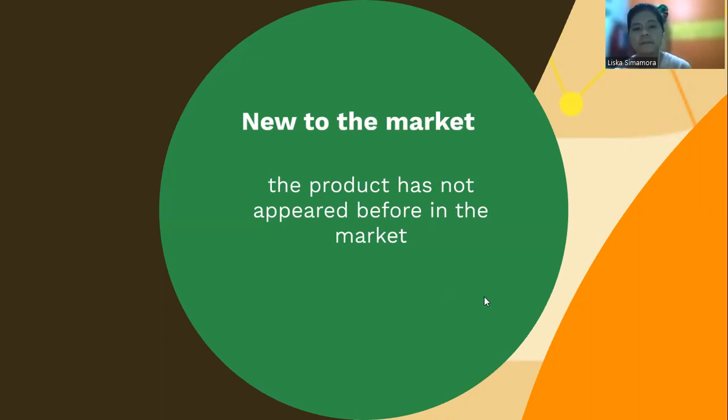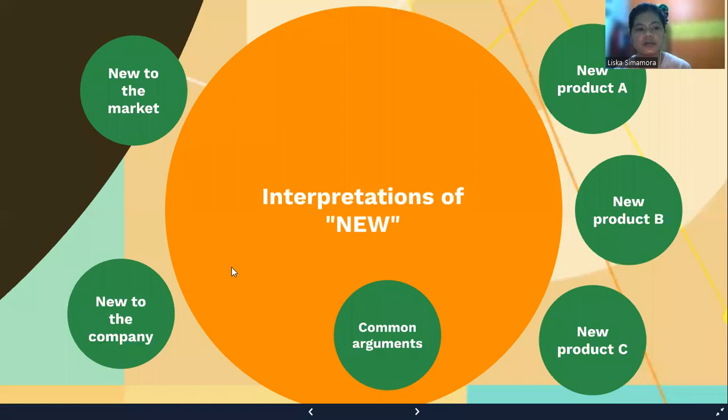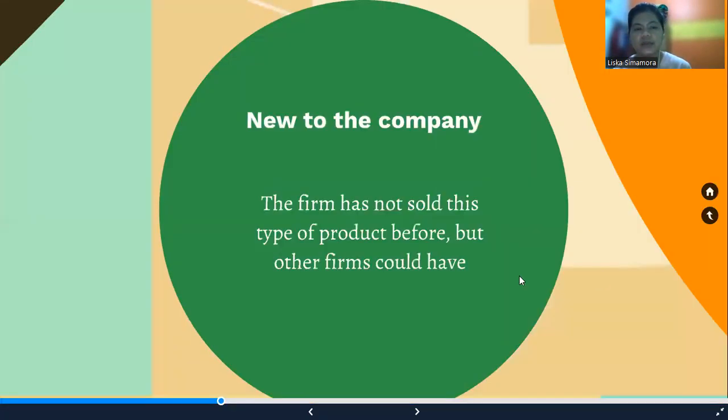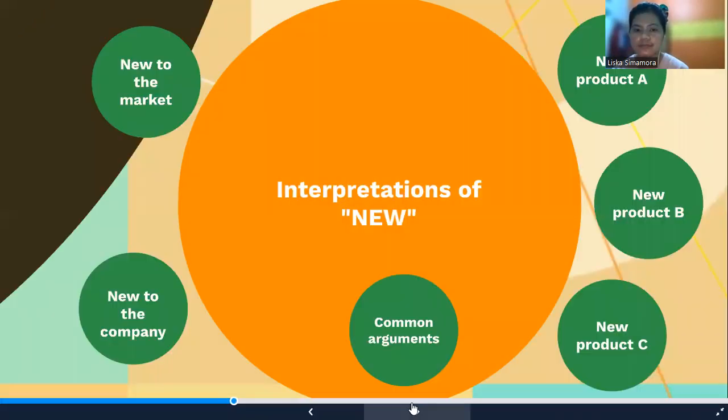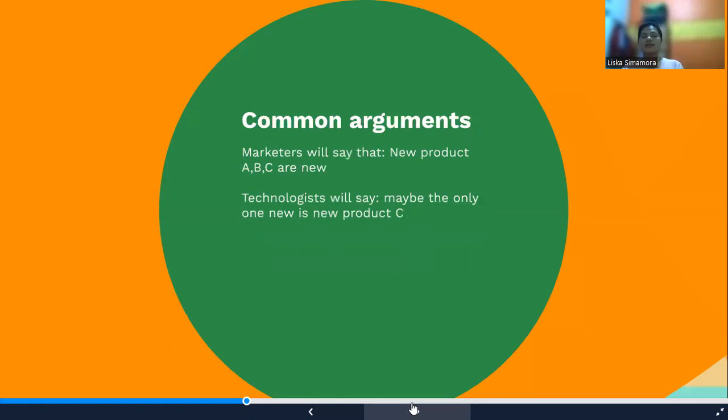And new to the company is the firm has not sold this type of product before. Same as the market, this product may be new to the product line of that company, but another company already sold this kind of product. So this is the common argument, okay?